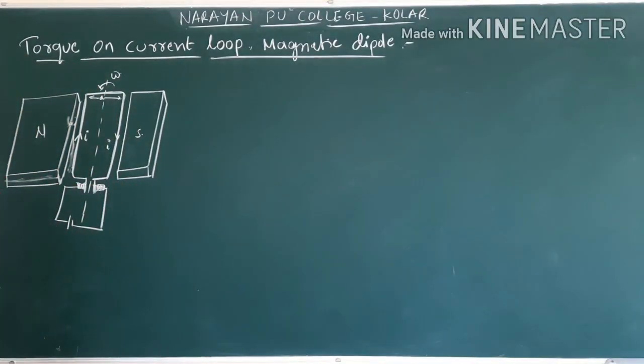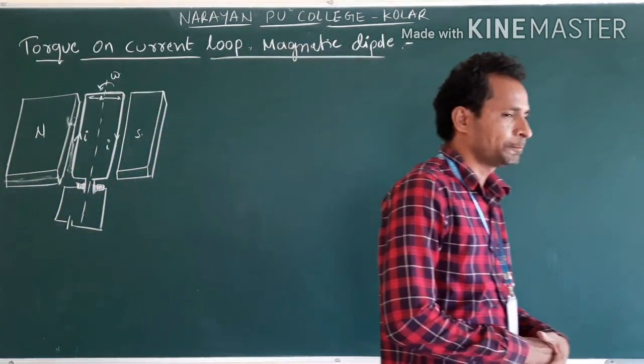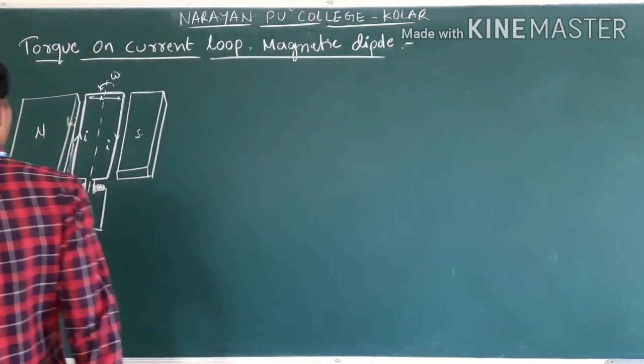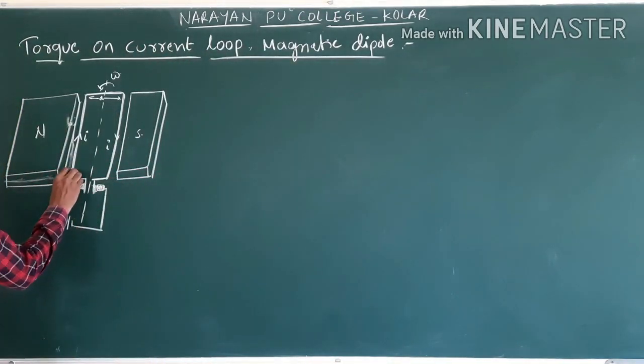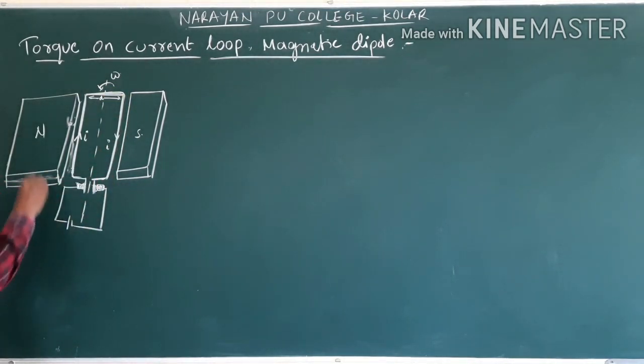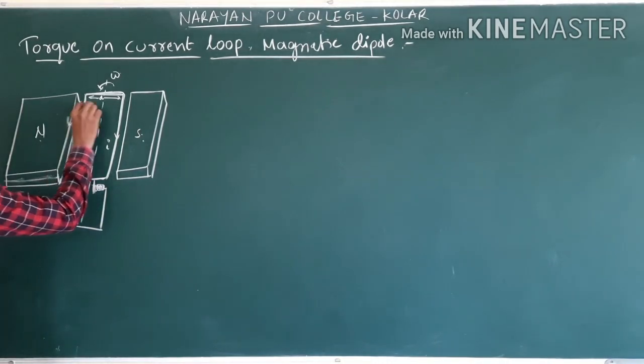Now next another important concept, torque on a current loop, magnetic dipole. Here we will place a current carrying loop in a magnetic field. North and south, these two are strong magnets. They produce a magnetic field in this direction.